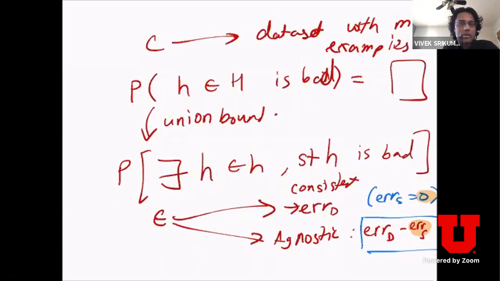Sorry, not polynomial, a finite class is one where the number of concepts is finite. An infinite class of functions would be defined using some real numbers, for instance. So we've looked at many different finite function classes.